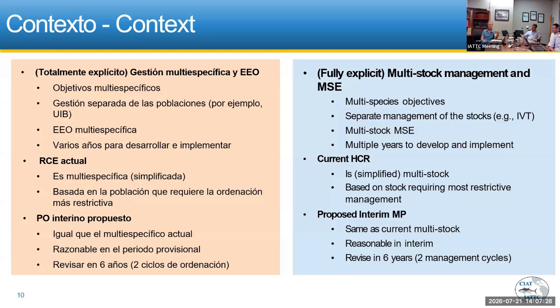We evaluate all of those using assessments and the harvest control rule for each, and then determine which one requires the most restrictive management and base it on that. So again, it's basically something that you've been doing already, and it is also a multi-stock one, but maybe not a fully explicit one with multi-stock management objectives, but at least it's trying to consider those. And we believe it's reasonable in the interim.